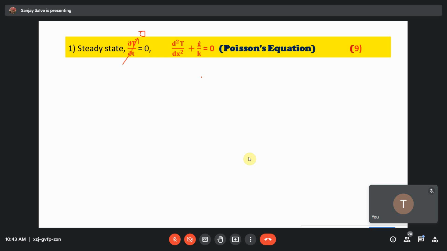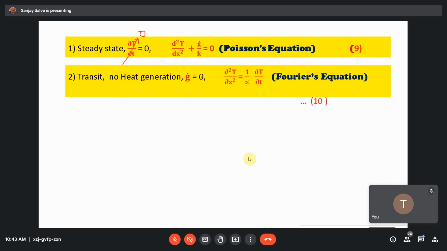So they may ask you, derive the three-dimensional heat conduction equation for Cartesian coordinates, for plane wall, for a slab, etc., and reduce it to three standard forms: Poisson's equation, Fourier's equation, Laplace equation, etc. So the second one, transient. What is transient?